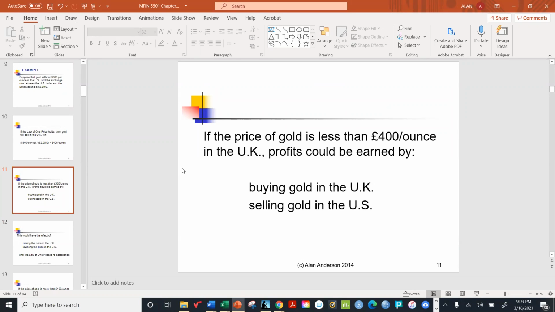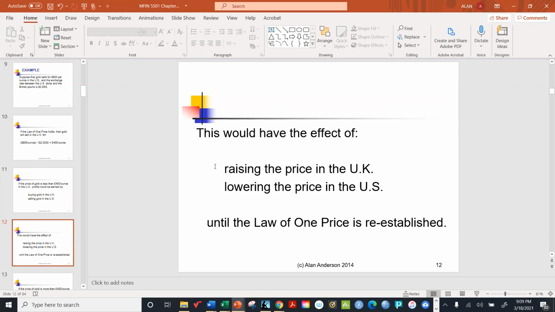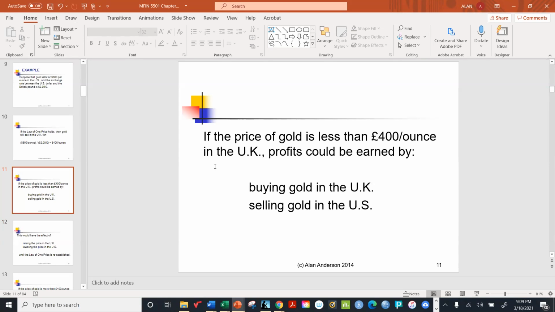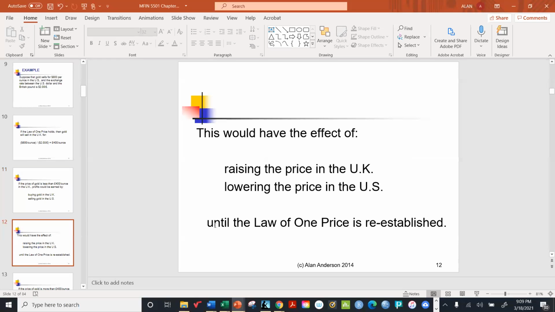And then, of course, that will cause the prices to equalize again. Now, of course, the trading activity itself will push up the price in the UK and reduce the price in the US. And pretty quickly, the prices should be the same again. So even if the law of one price fails to hold, it should reestablish itself fairly quickly for goods where arbitrage is possible.